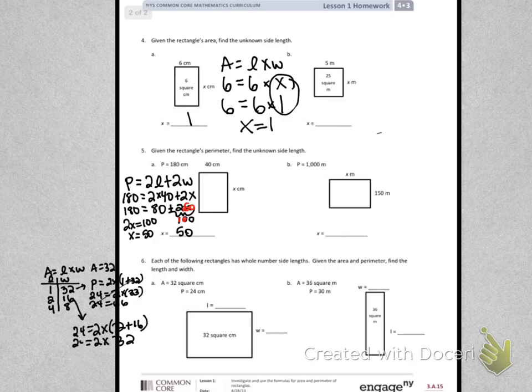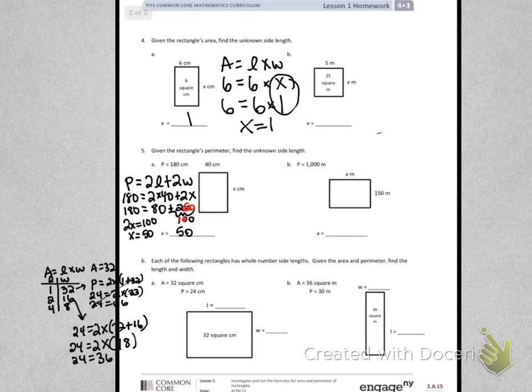Let's go back and fix this. I need to add my length and width. My length and width added together is 18. There we go. That looks better. 2 times 18 is 36. Does that equal 24? No, that does not equal 24, so that one does not work.